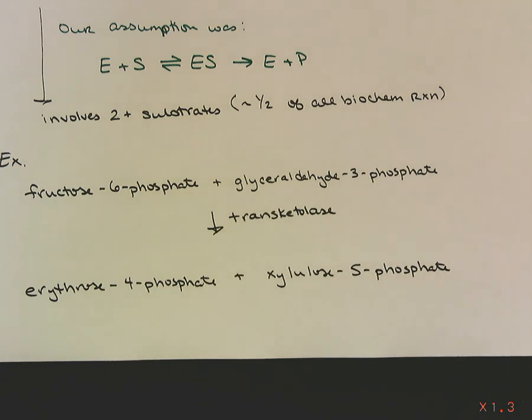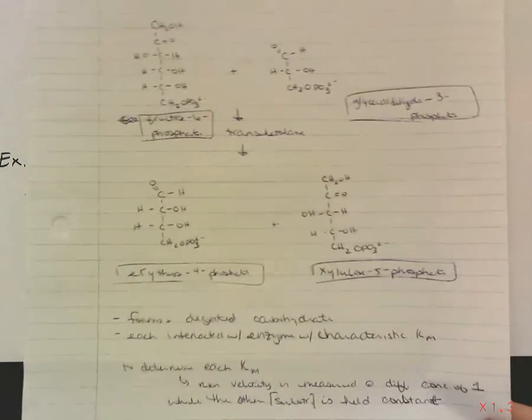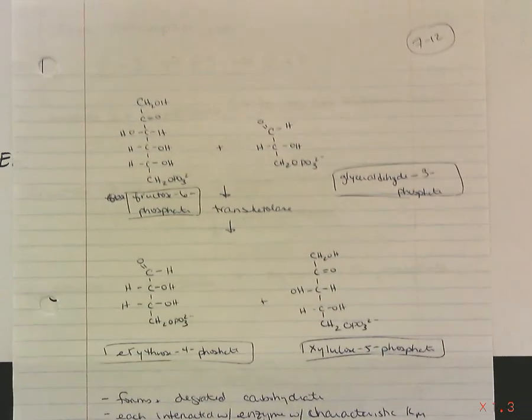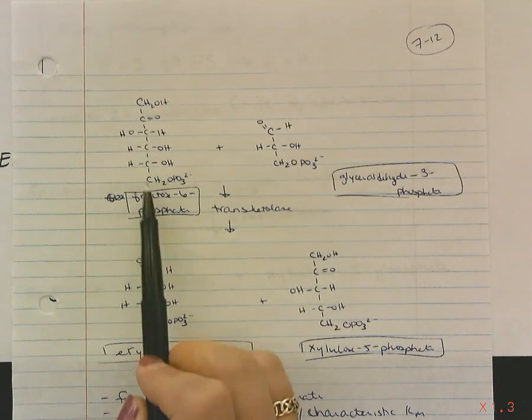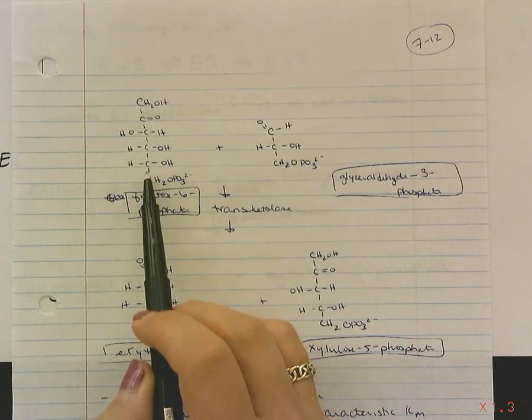You don't have to know the structures. Erythrose and xylulose are kind of crazy looking, but I'll show you when everybody's done writing so we can see how it transferred that functional group. This is an example we will look at more when we talk about carbohydrates. Here we have my fructose 6-phosphate, with the phosphate on the 6th position.